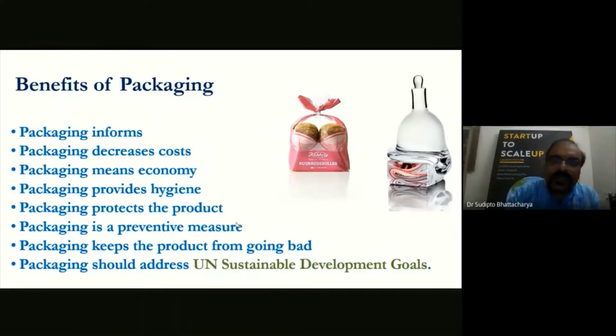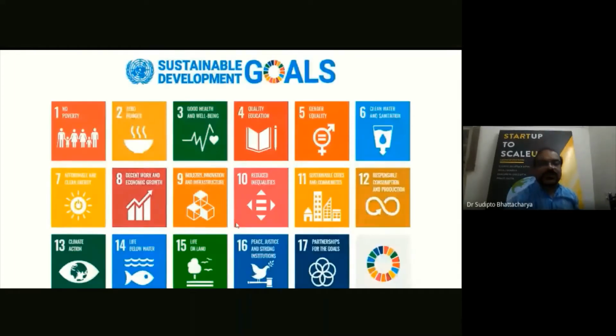Now, when we think furthermore about why this is so very important nowadays in this era of environmental degradation, we see the 17 sustainable goals. I told you there are 5 P's we are concerned about: the planet, the people, the prosperity, the peace, and the partnership.